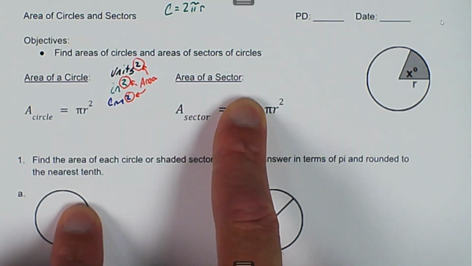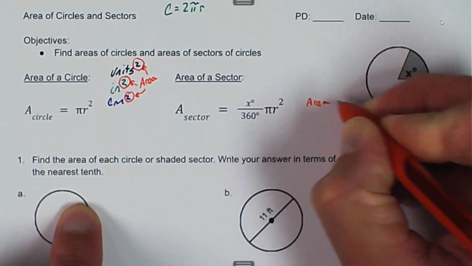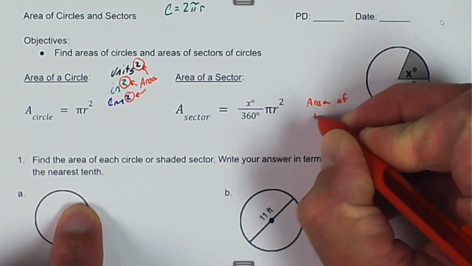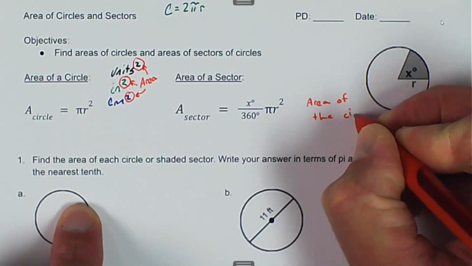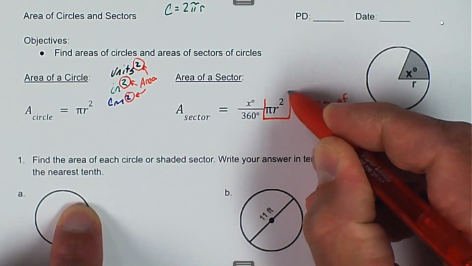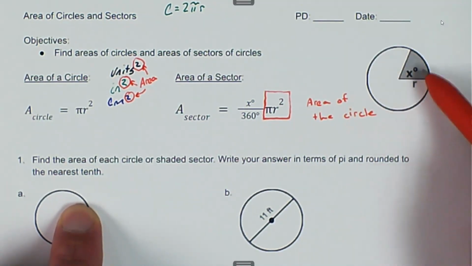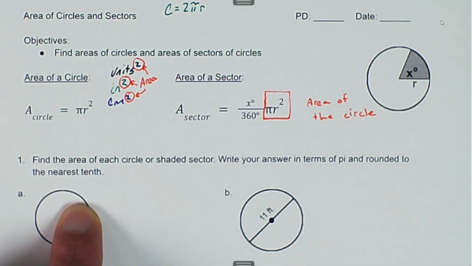That's the total area of the circle. So that's what this portion is right here. That's the full area of the circle. If we weren't trying to calculate the sector, we would be calculating that whole area. But because we just want to know the sector, we use the fraction.